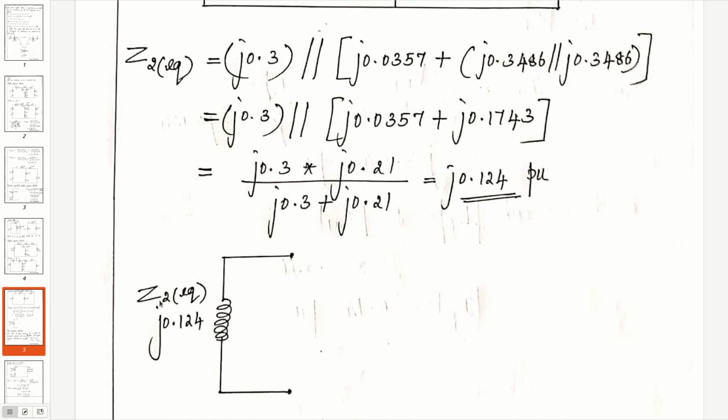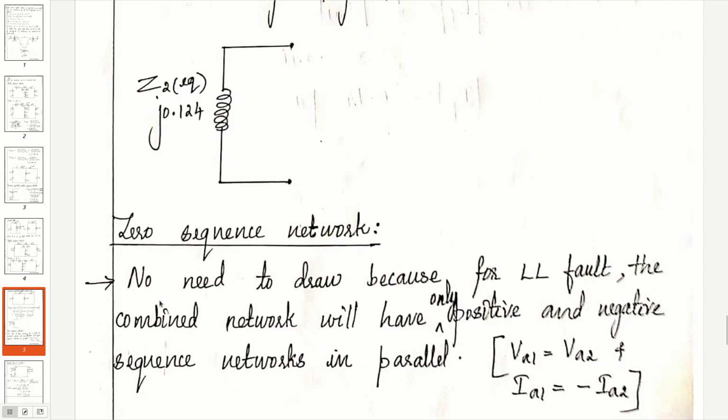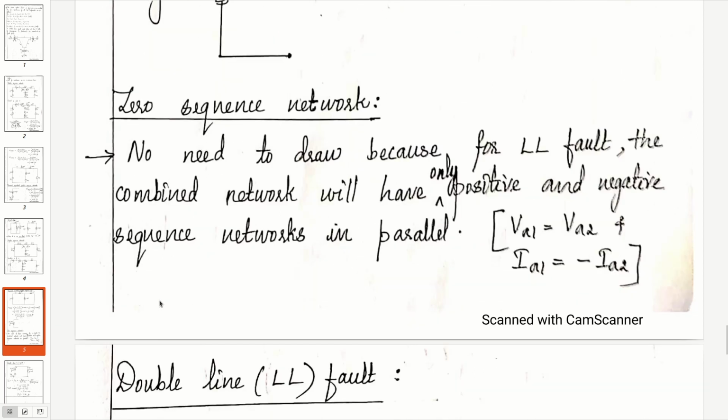In this problem, note that they have asked to calculate the LL fault. In the case of an LL fault, VA1 is equal to VA2 and IA1 is equal to minus IA2. Also, IA0 is equal to 0 and VA0 is equal to 0.